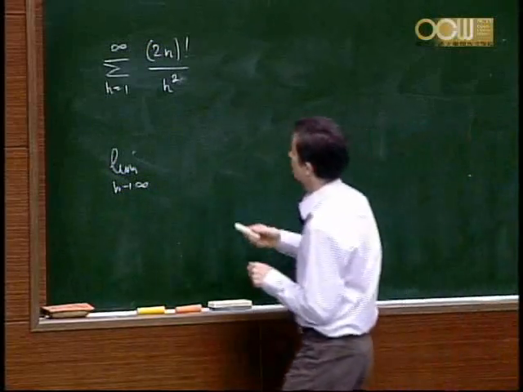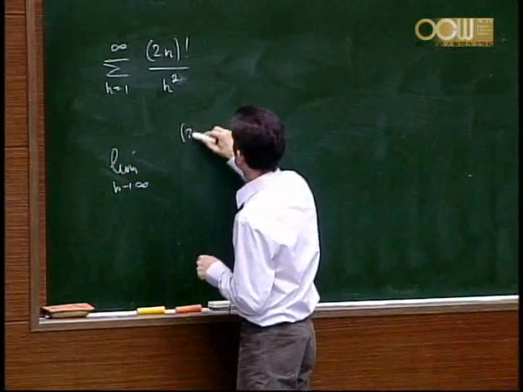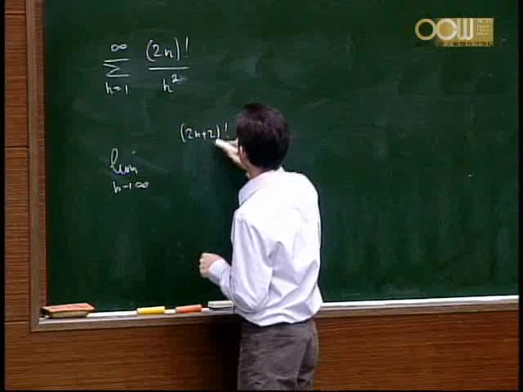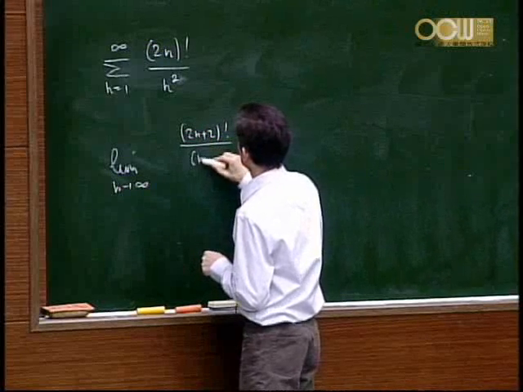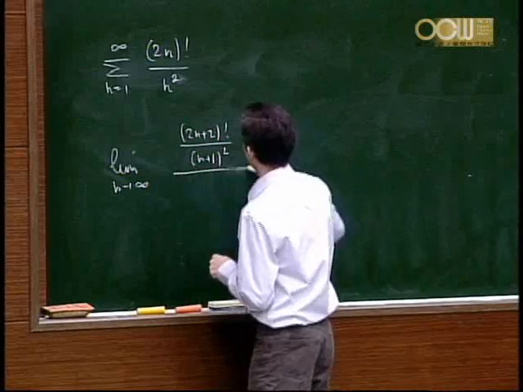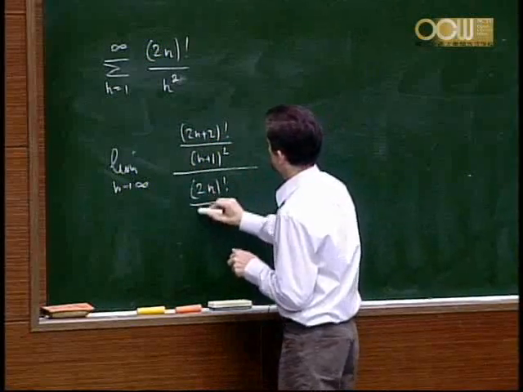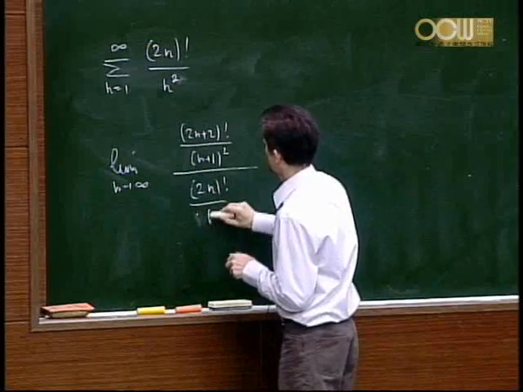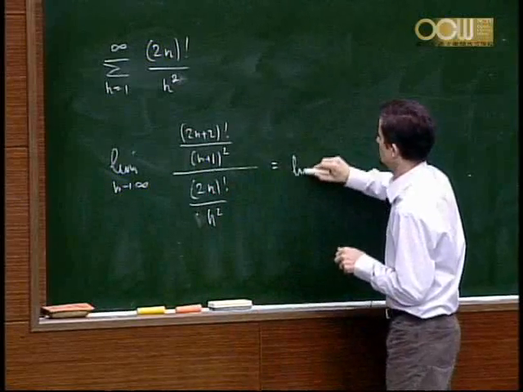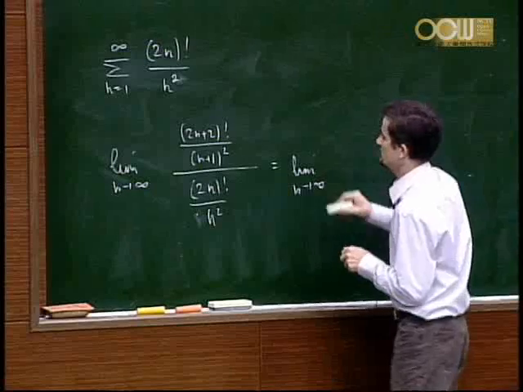Okay, so you have (2n+2)! over (n+1)^2 over (2n)! over n^2. So this is equal to the limit as n tends to infinity.